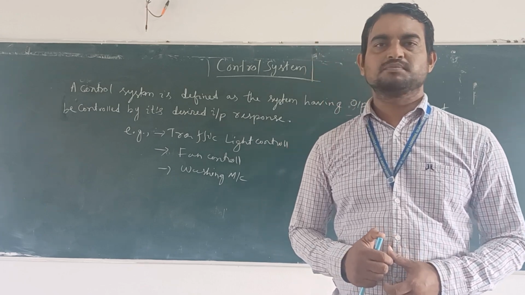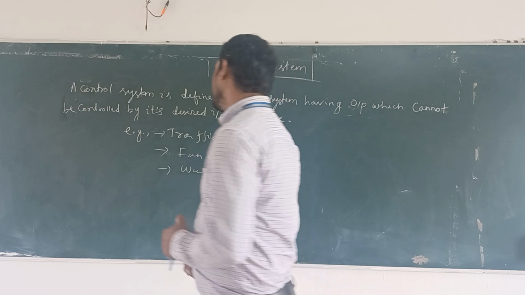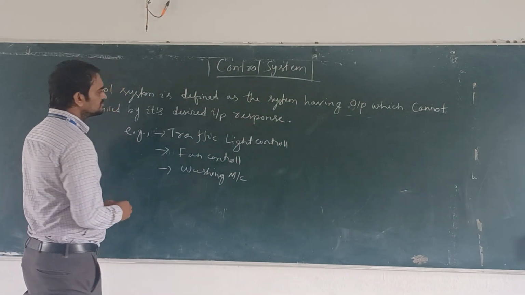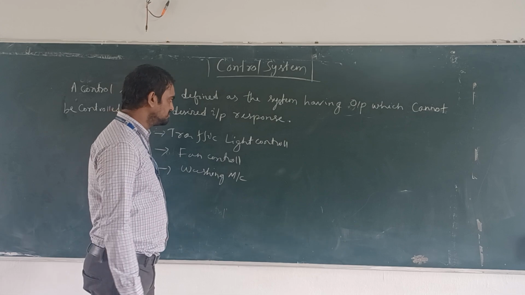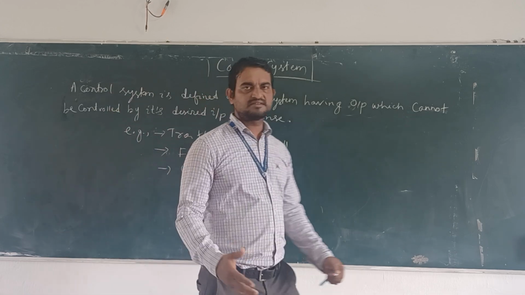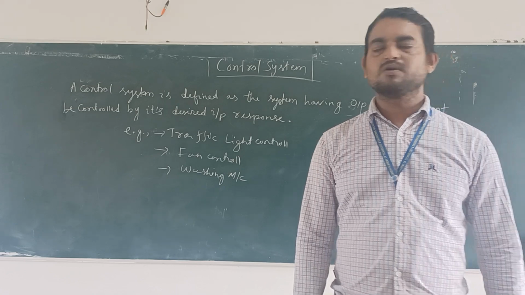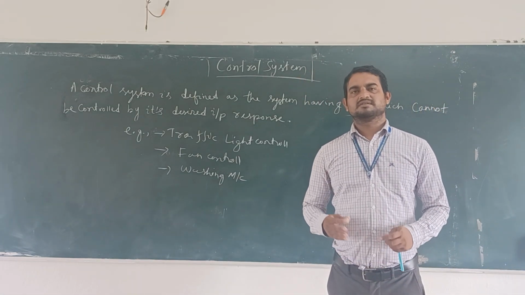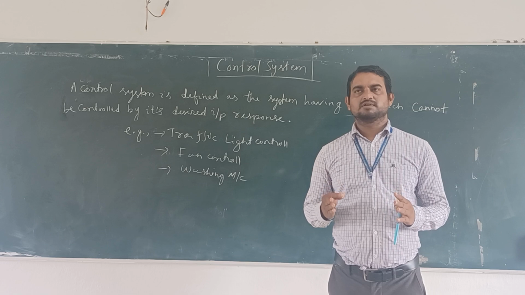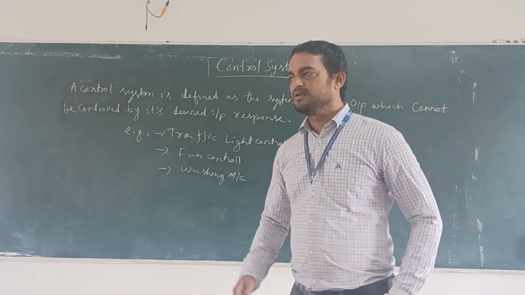So the basic examples of control system are machinery like traffic light control system, fan control system, washing machine control system. We have so many examples of control system. If I take the example of driving a car, inside the car, what is happening?